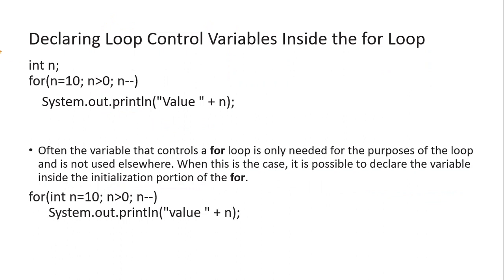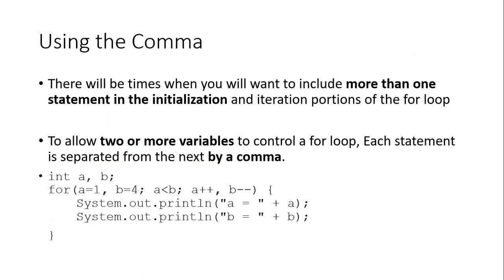As I told you, instead of declaring the variable and then using it, you can put the declaration as well as initialization in one step. That's allowed. Also, you can have two initializations, each separated by a comma. At the same time, you can also have two or more things getting incremented or decremented, separated by a comma.